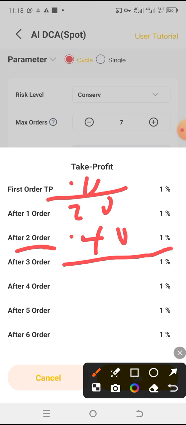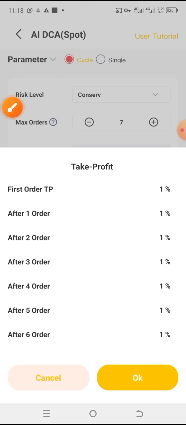And when it comes back to the top, the more money you sent into the market, and the 1% will give you more profits. Because 1% of 10 is smaller than 1% of 30, and 1% of 30 is smaller than 1% of 70, and so on.